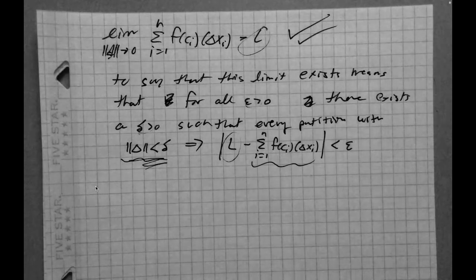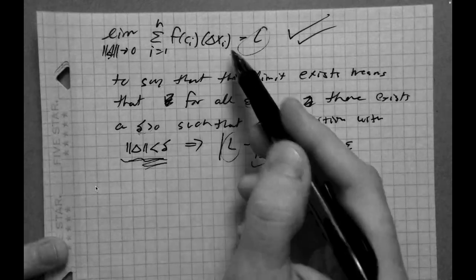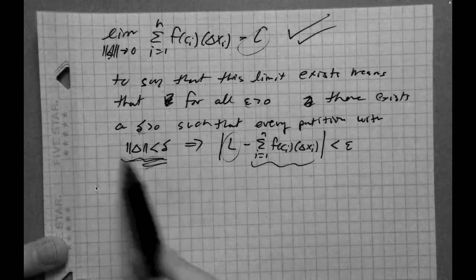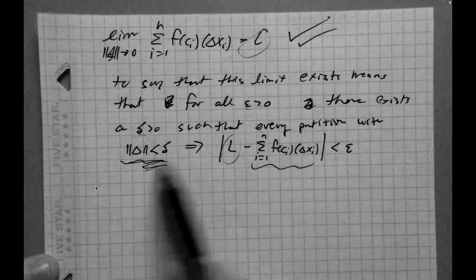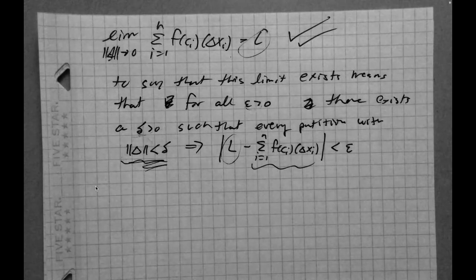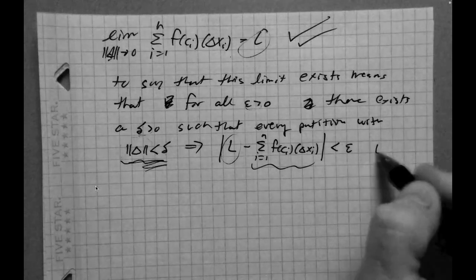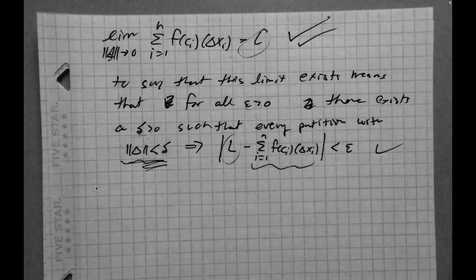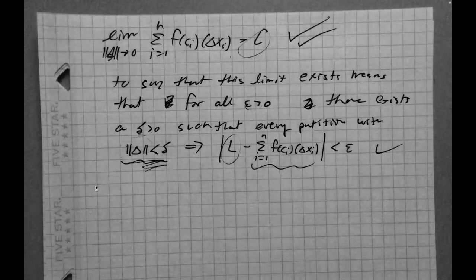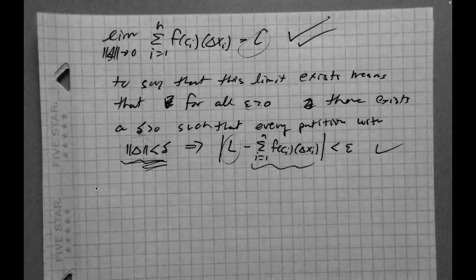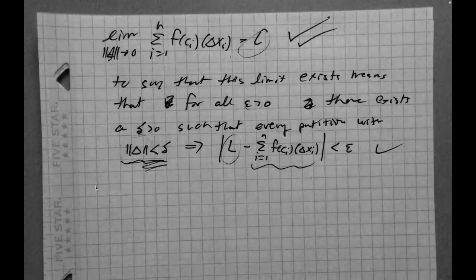But it's the same idea. If I want a certain amount of precision, I need to be able to find a partition that guarantees that precision. That's where we'll leave it. I do encourage people to dig into this more and try to understand it. It's not absolutely crucial for Calculus 2 that we be fluent in epsilon delta proofs, however.